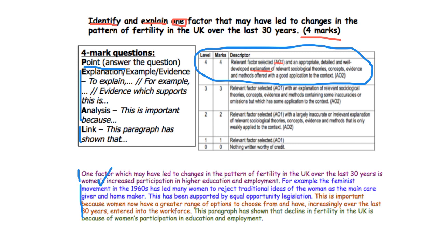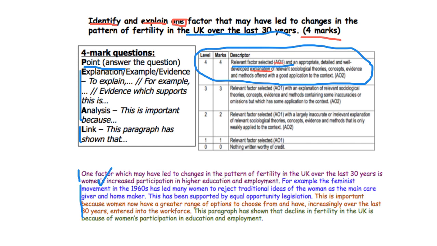Okay. And so this would be a top band mark. This would be 4 out of 4. It's identified the relevant factor, and it's given appropriate and well-detailed and developed explanation of relevant sociological theories, concepts, evidence, and methods offered with good application to the context. Okay, yeah. So when it's talking about the context, it's talking about the UK over the last 30 years.